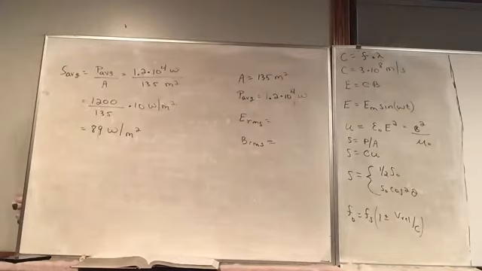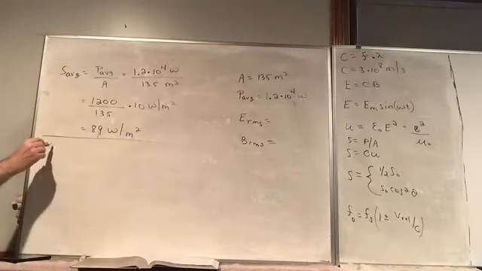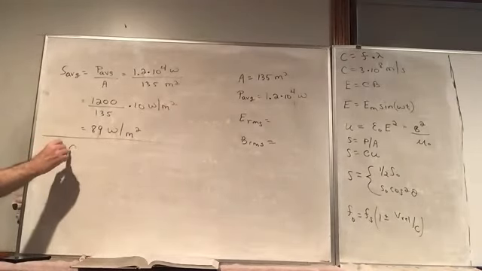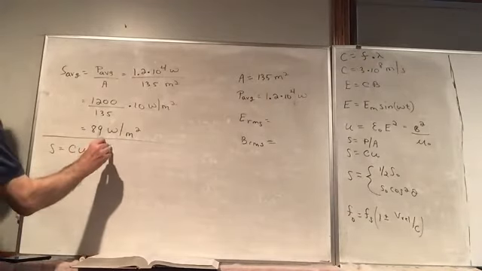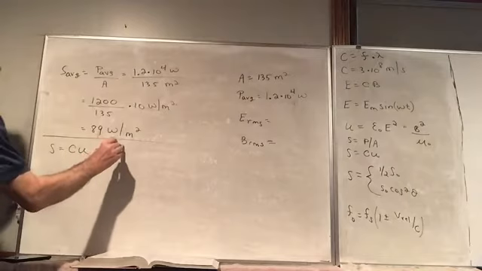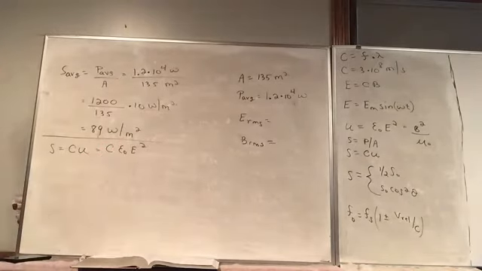So let me write down this equation. We have S equals the intensity is speed of light times the energy density. And the energy density would be epsilon naught E squared. We're just focusing on the electric field right now.